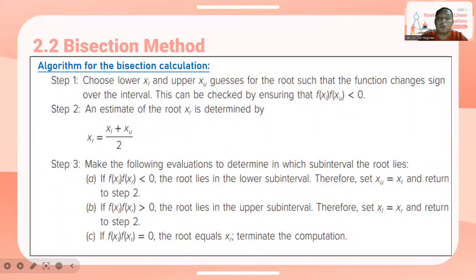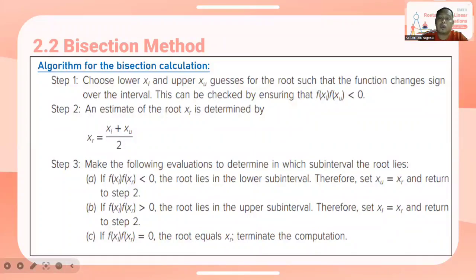The second case is if f(x sub L) times f(x sub R) is greater than 0, it means that the root lies in the upper subinterval. Therefore, the new x sub L is x sub R, and return again to step number 2.